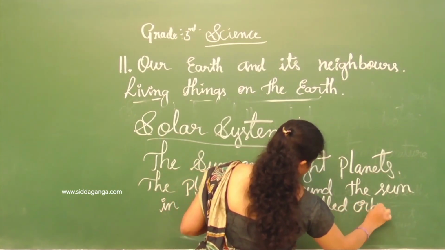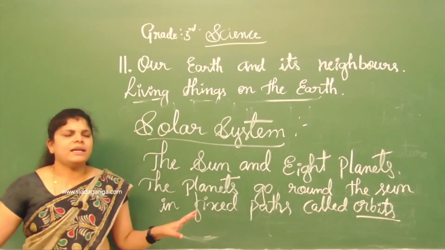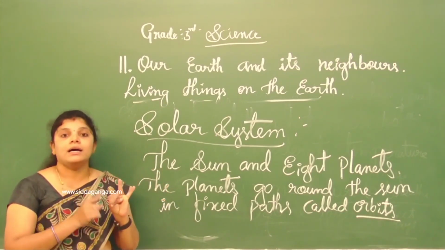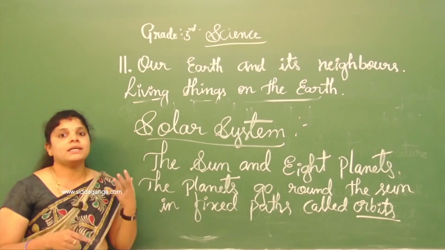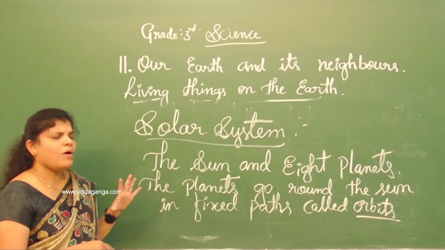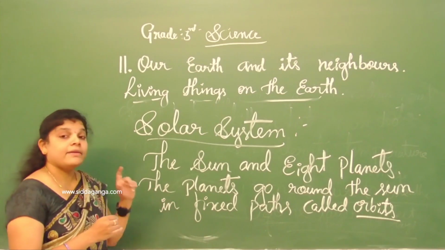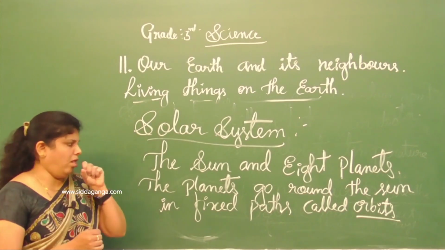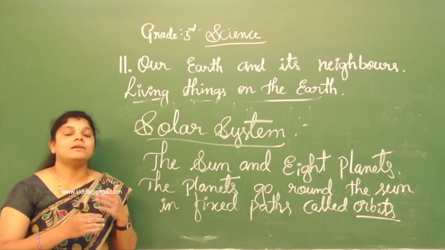What do we call it? Orbits. Okay. See, there are 8 planets: Mercury, Venus, Earth, Mars, Jupiter, Saturn, Uranus, Neptune. See, these are all 8 planets in our solar system. See, all these planets always move around the sun in a fixed path, called what? Orbits. Okay. About the sun and the planets and also about the moon we will learn in the next class.